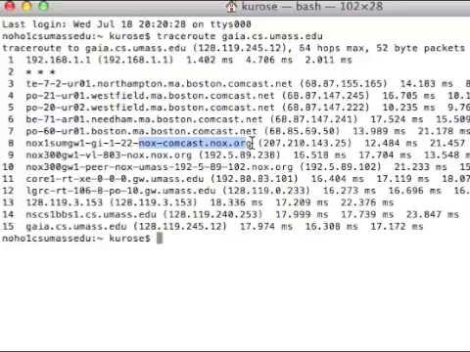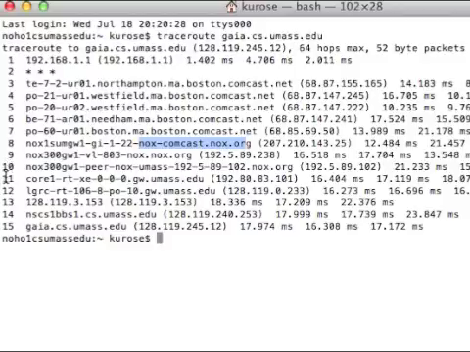Nox.org is actually the name of a network, the Northern Crossroads Network, that is a research network in northern New England, or in the New England area. So my packets have traveled from the Comcast network. They enter the Nox network at router 7, router 8, router 9, and router 10 are all in the Nox network.